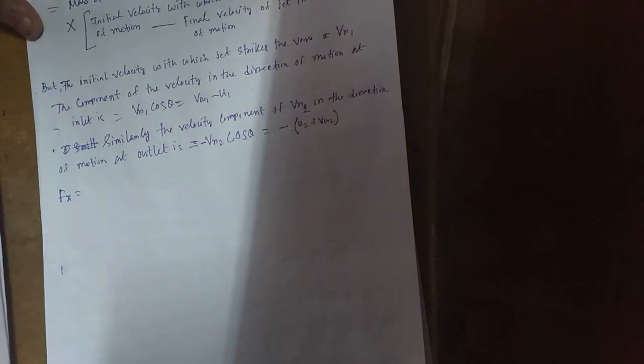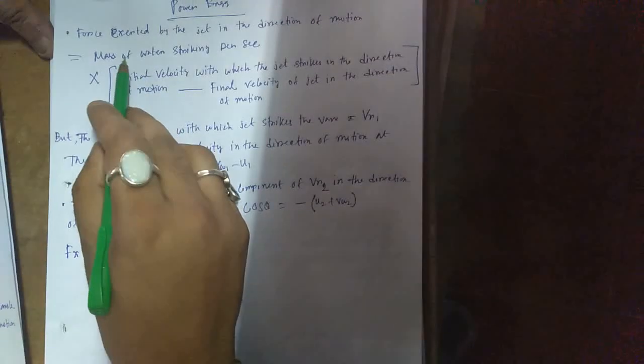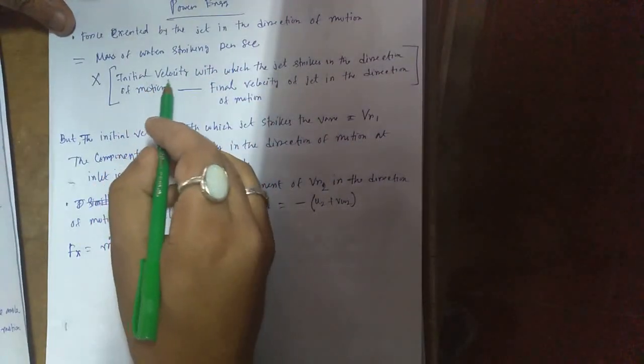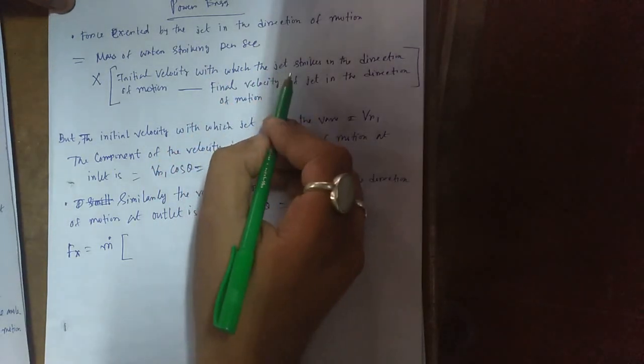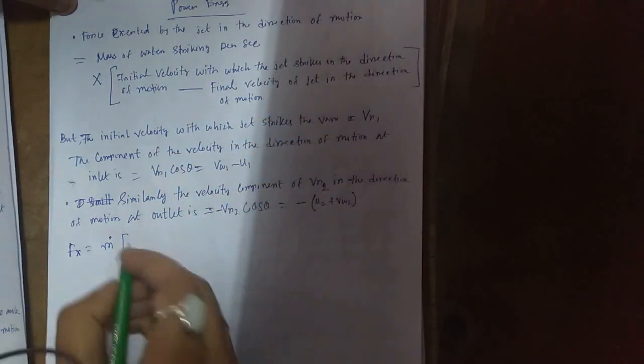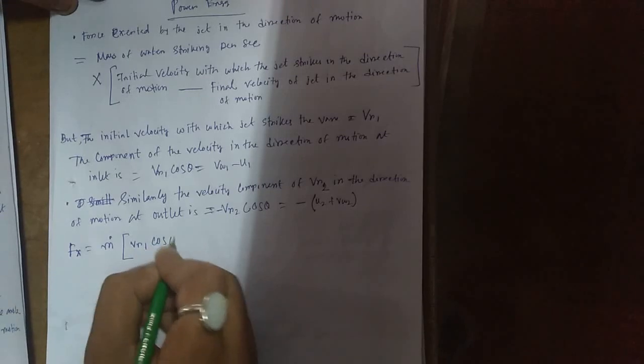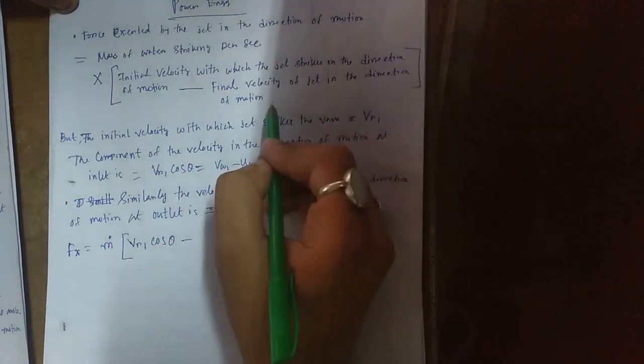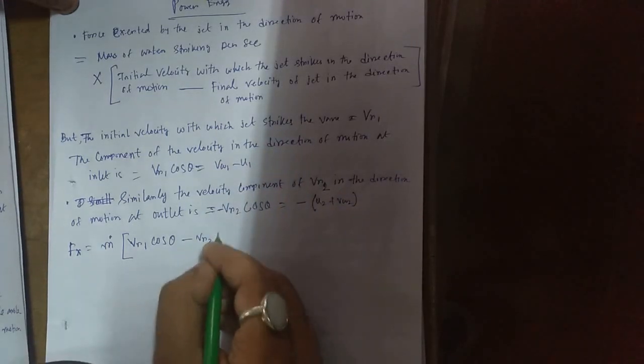So Fx is equal to the mass of water striking per second, that is m dot, into the initial velocity in the direction, VR1 cos theta, minus the final velocity of the jet in the direction of motion, VR2 cos theta.